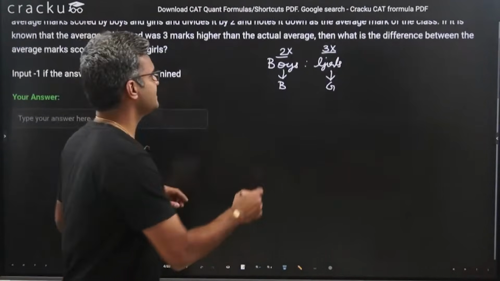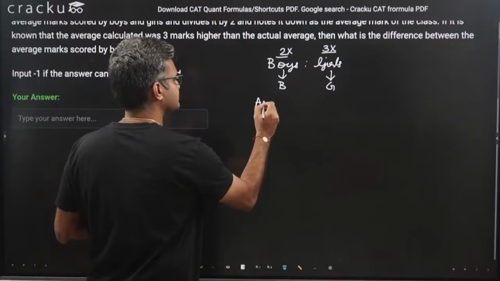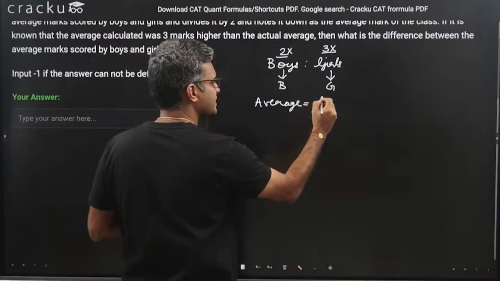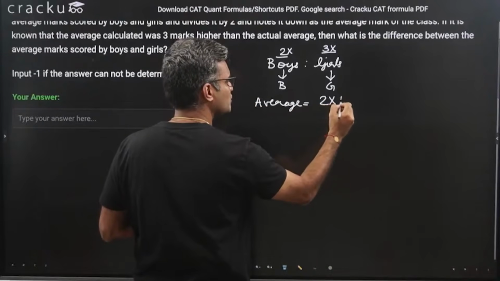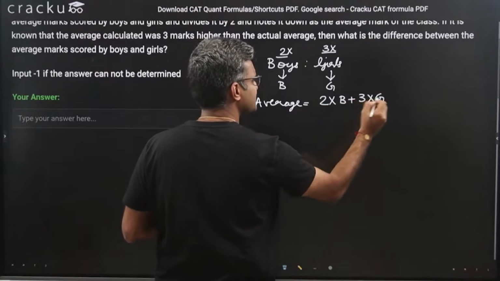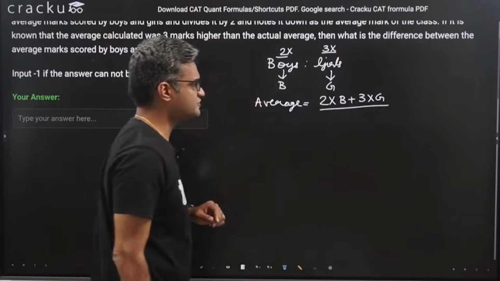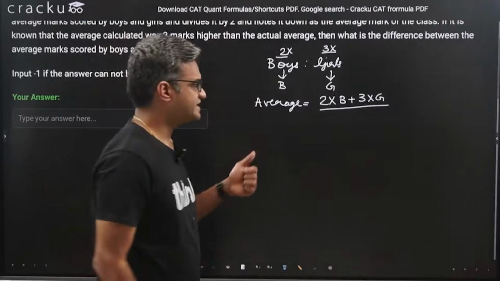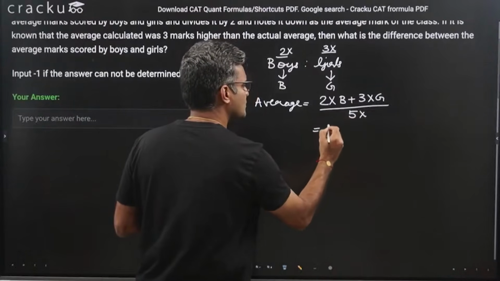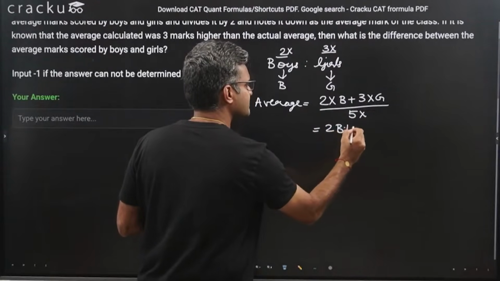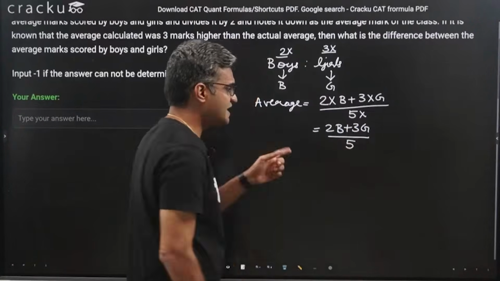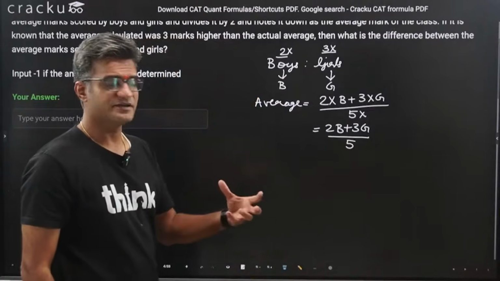That will be 2x, the number of boys, into B, plus 3x into G, divided by the total number of students, which is 2x plus 3x, which is 5x. This comes to 2B plus 3G divided by 5. This is the actual average. This is the average that she should have calculated.